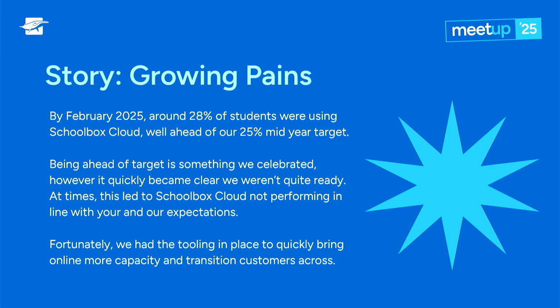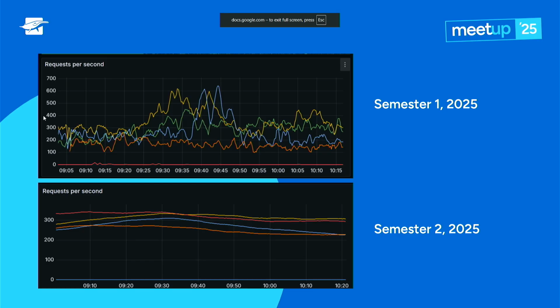And I just want to share quickly a little chart that we captured. The top chart shows the volume of requests per second during this problematic time, being the first day of semester 1, 2025. And you can see compared to the first day of semester 2, 2025, the amount of requests to our system was anywhere between 2 and 2.5 times what was typically the case.